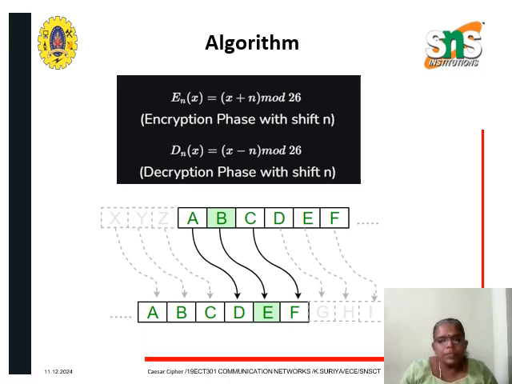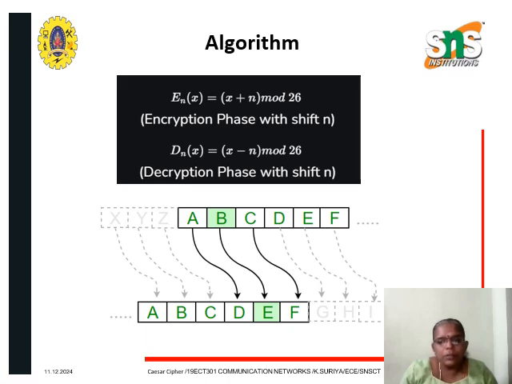Similarly, decryption is represented by Dn(x) equal to (x - n) mod 26. So here D represents the decryption algorithm, x represents the ciphertext, n represents the number of shifts.